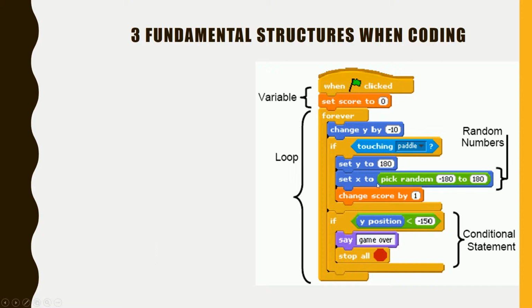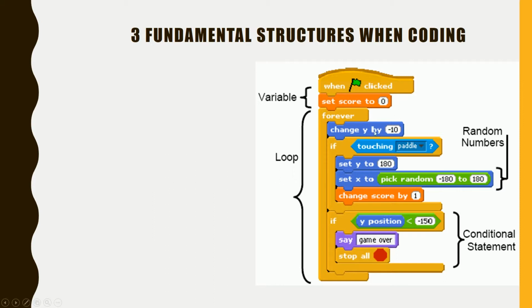So I'm guessing this is a ball that's bouncing. If it touches the paddle, it then increments the score. If it doesn't touch it, it doesn't do any of the code inside of here. And if the Y position is less than negative 150, as if the ball has hit the bottom of the screen, it says game over, and then it stops the whole loop.